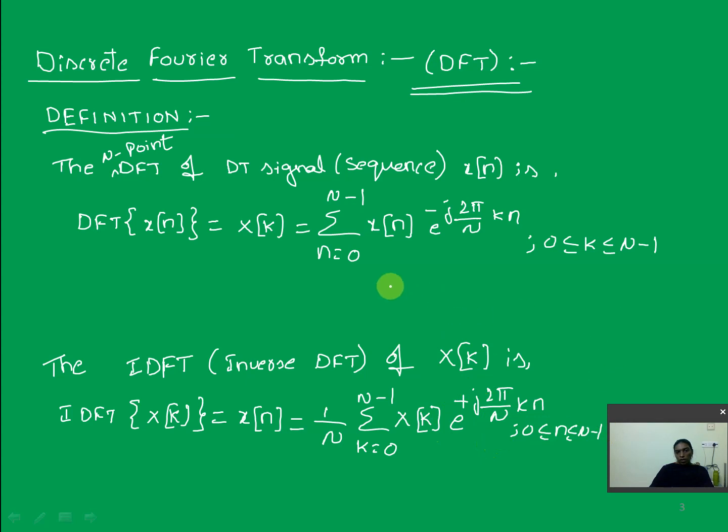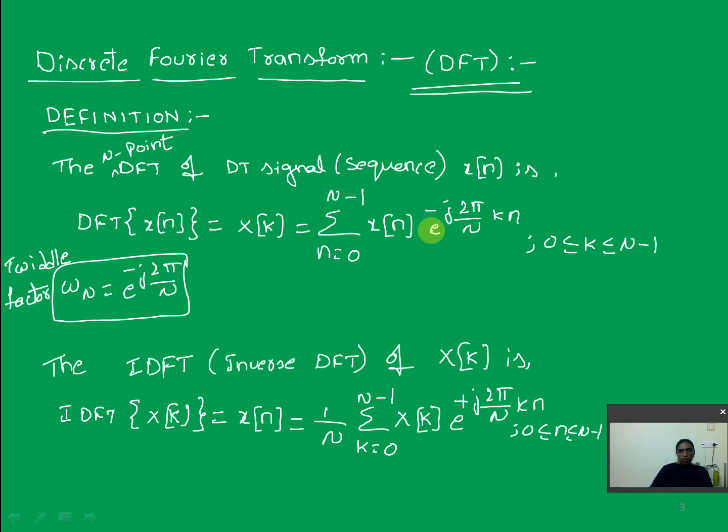And then we can rewrite these equations in another way, in terms of the twiddle factor, that is W N equal to e power minus j 2 pi by N. This is called the twiddle factor.